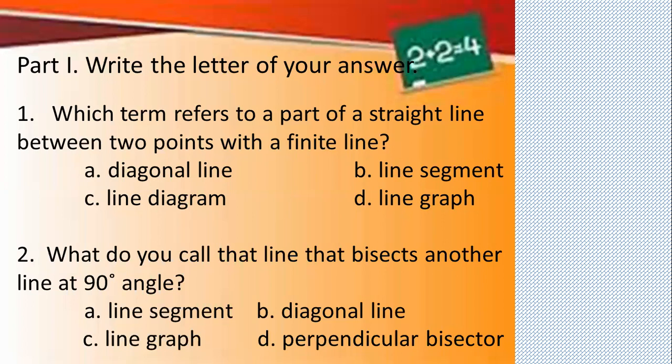Is that A, line segment, B, diagonal line, C, line graph, or D, perpendicular bisector? A line that bisects, okay, another line at 90 degrees. So you have there the clue. It bisects or crosses another line forming 90 degrees.